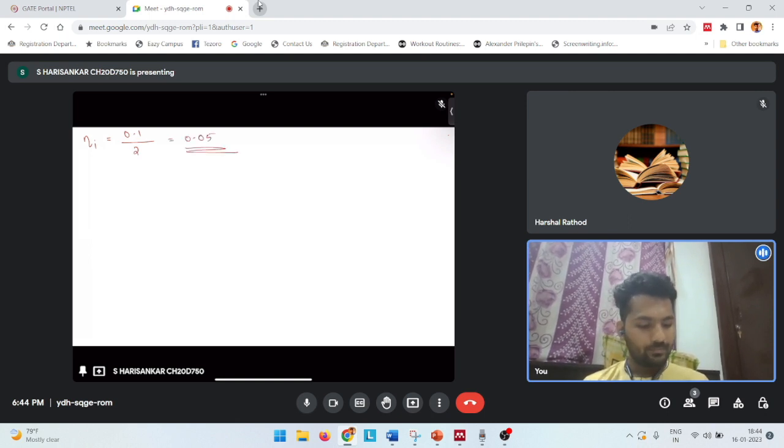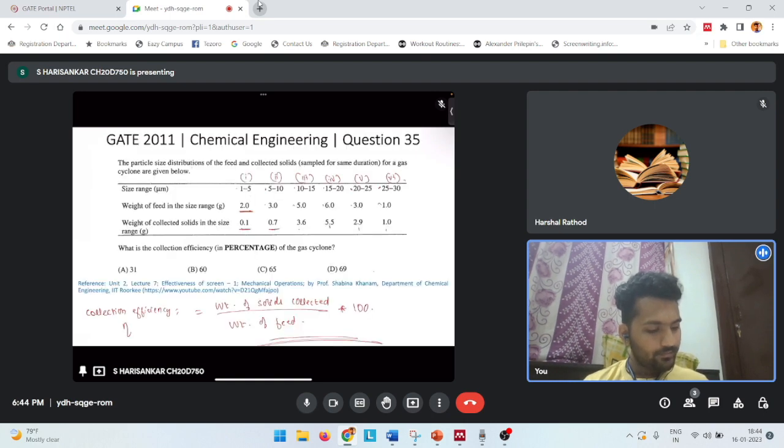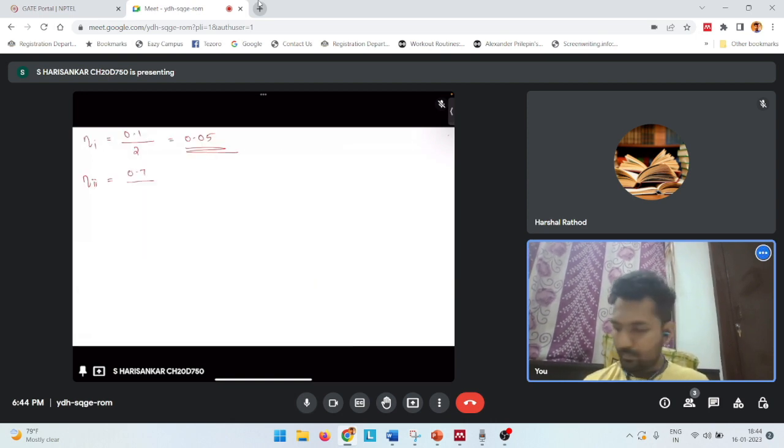Now similarly, we can write efficiency in the size range 2 as 0.7 divided by 3, and this will be approximately 0.233.